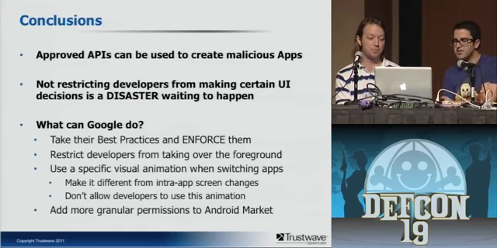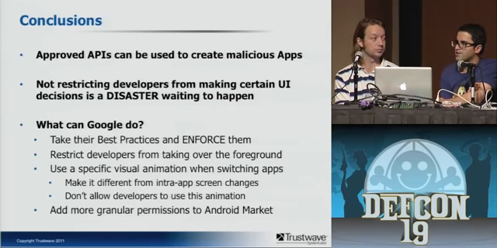So, some conclusions that we can talk through. Approved APIs can be used to create malicious apps, and that's basically what we did here. This is specifically a design flaw where these APIs are not restricted in this type of use.